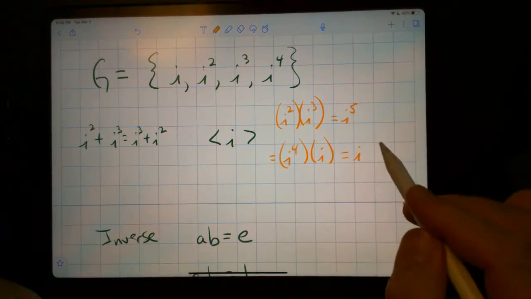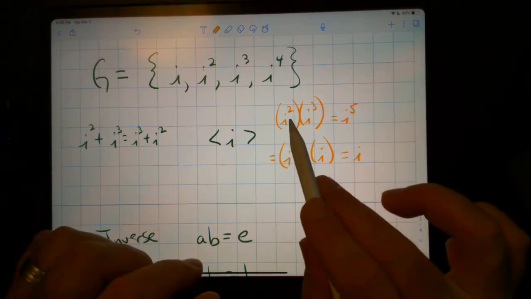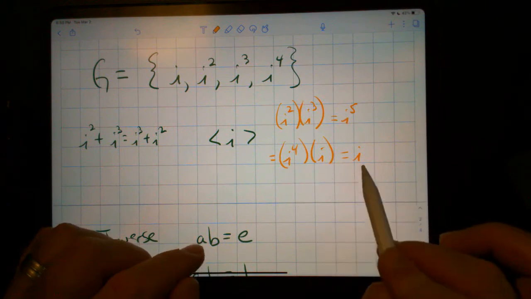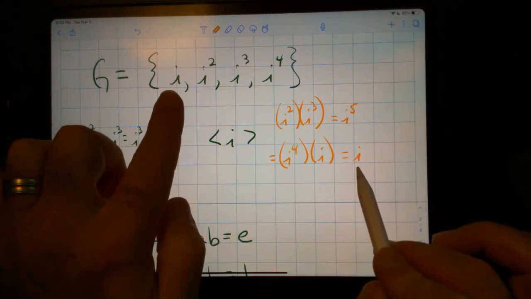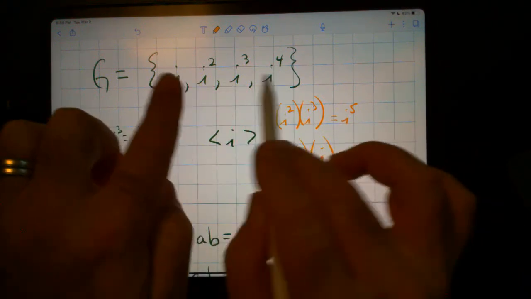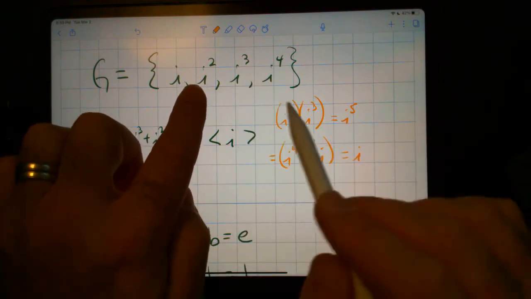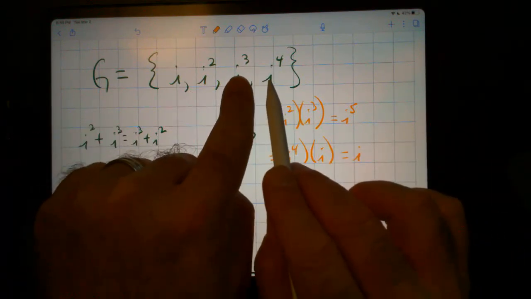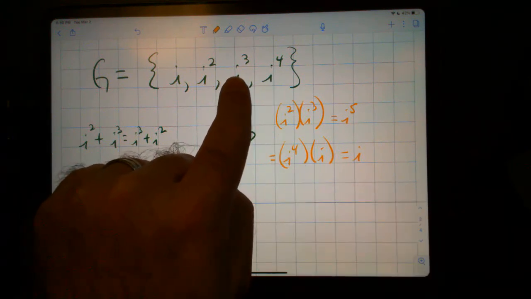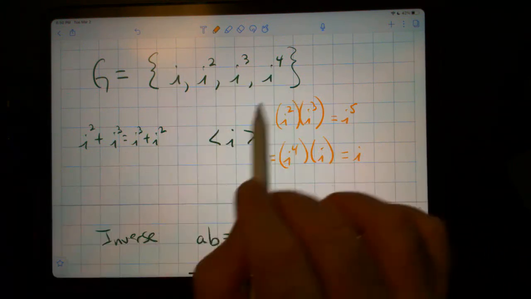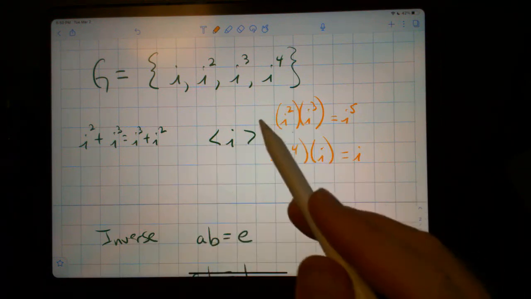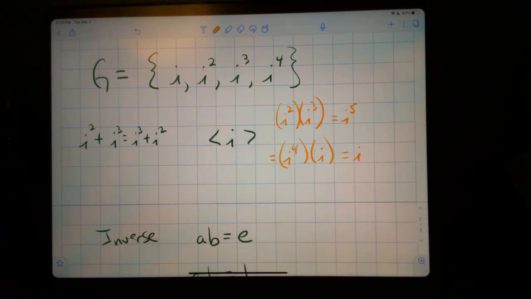This gives you i. So if I multiply i squared times i cubed, I get i. There it is. It's in the group. Any product of these elements will still fit in that group. If I multiply i cubed times i to the 4th, you get i to the 7th. i to the 7th is i cubed. Okay, so this has closure. It has all four properties that make this a multiplicative group.